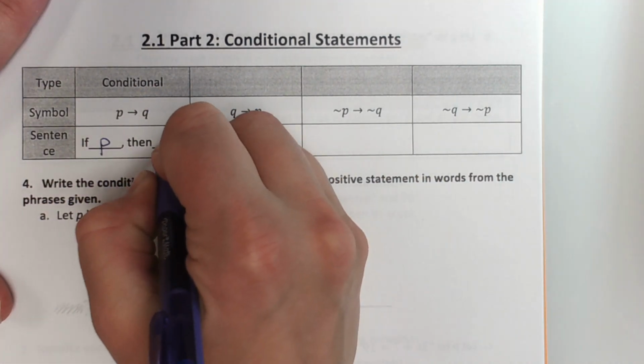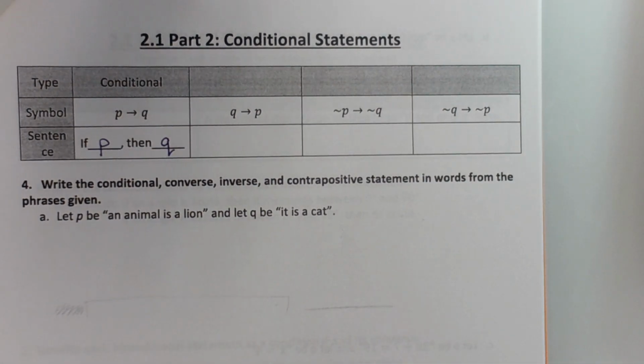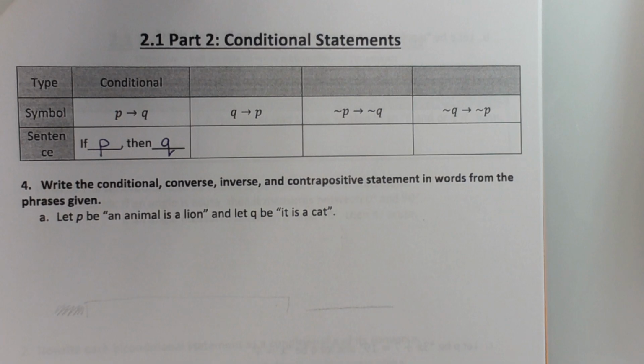Yesterday, when I talked about negations, I mentioned how statements are often represented by single letters like P and Q. Notationally, a conditional statement is a P arrow to a Q. It literally means if P, then Q, where P and Q are just placeholders for statements.